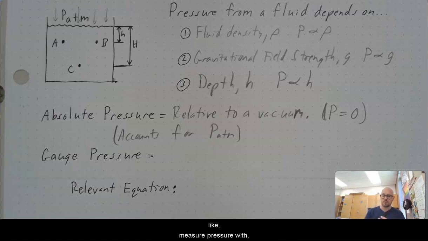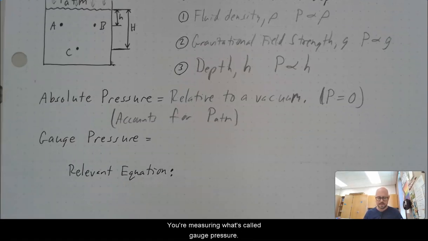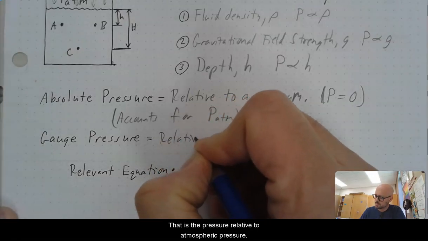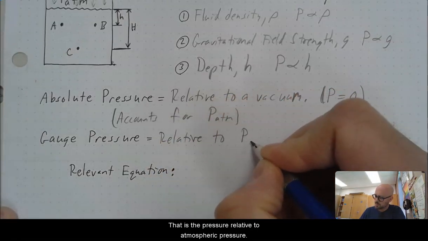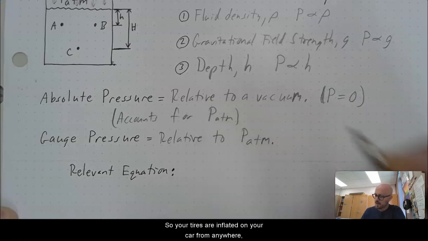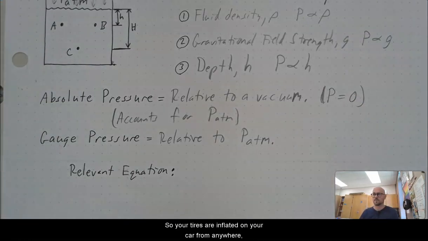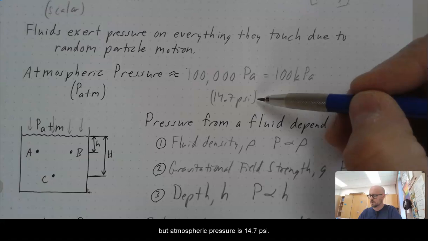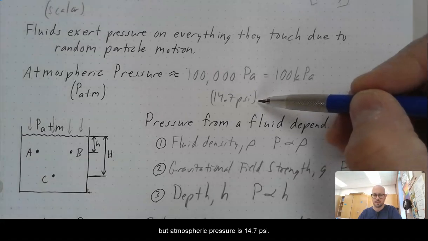Now, when you measure pressure with a tire pressure gauge or something else, you're not measuring absolute pressure. You're measuring what's called gauge pressure. That is the pressure relative to atmospheric pressure. So your tires are inflated on your car to anywhere probably 30 to 35 or 36 psi, but atmospheric pressure is 14.7 psi.